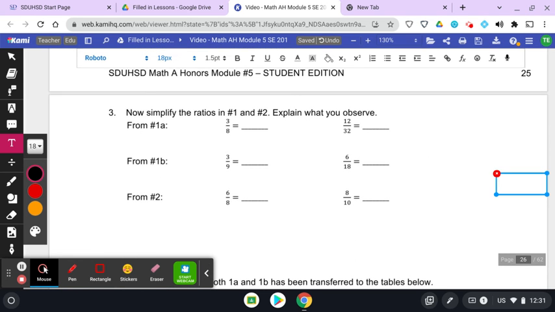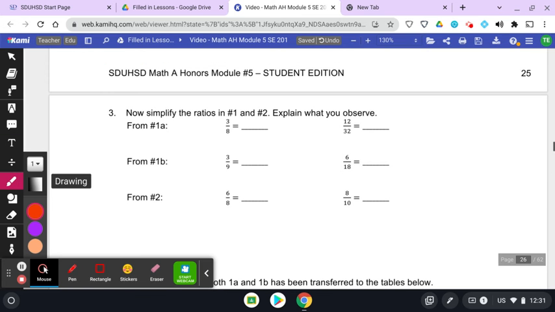Okay, so we're just reviewing from above. Simplified, 3 to 8 is simplified. And this simplifies, we can divide by a factor of 4 down to 3 to 8, and that's why we know they were proportional, because they've reduced the same way. 3/9 reduces to 1/3. 6/18 also reduces to 1/3.